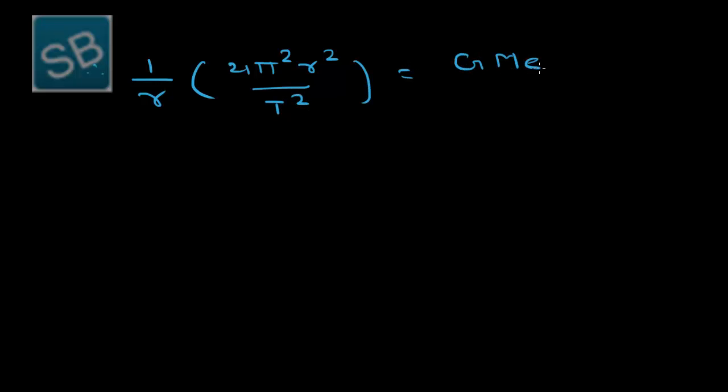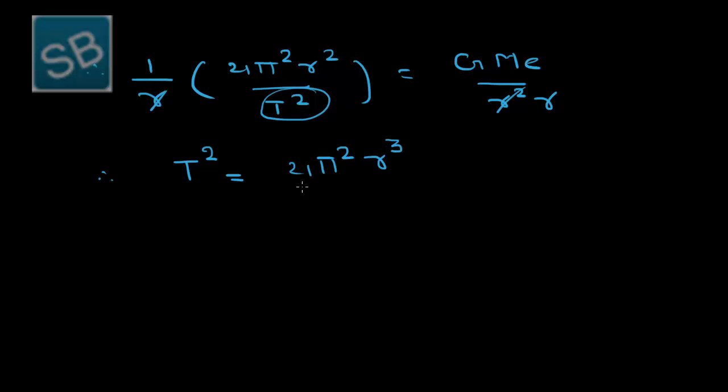Now by cancelling the value of m on both the sides, we will get 1 over r into 4 pi square r square over T square is equal to G Me over r square. And here 1 r will be cancelled out in the denominator. Therefore, now I am making this T square the subject. Therefore, T square is equal to 4 pi square, here r square and this r will come into the multiplication, so r cube divided by G Me.